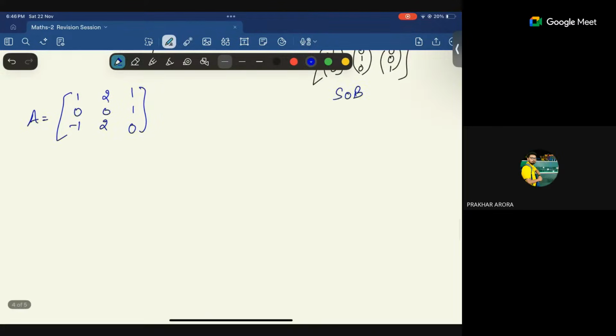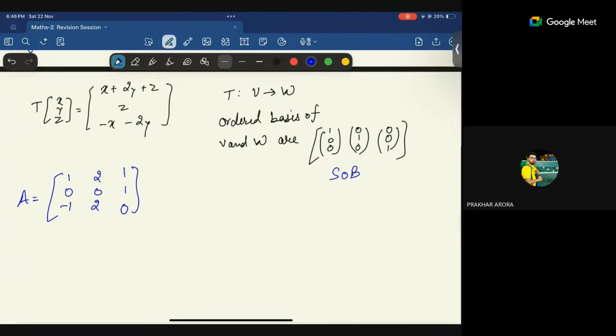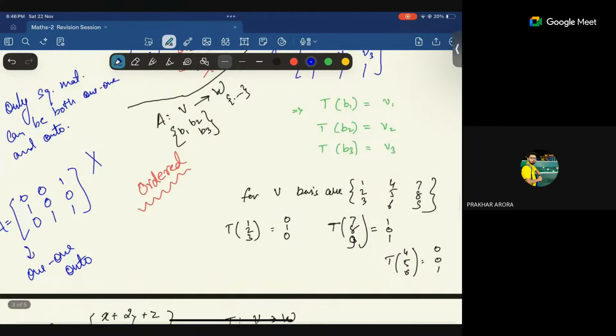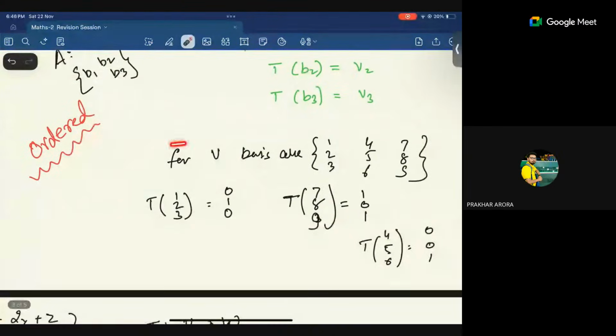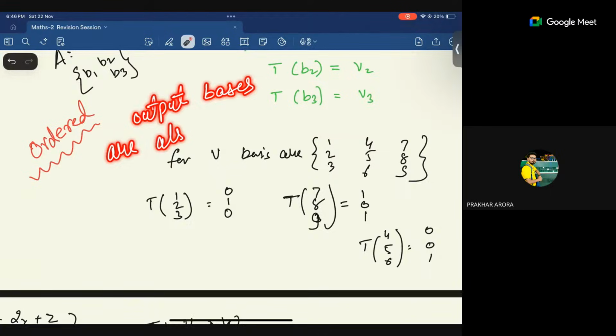Now from week 6, I gave you a situation where the input bases are different. There can be a question where output bases are also different. This case I will not take here.